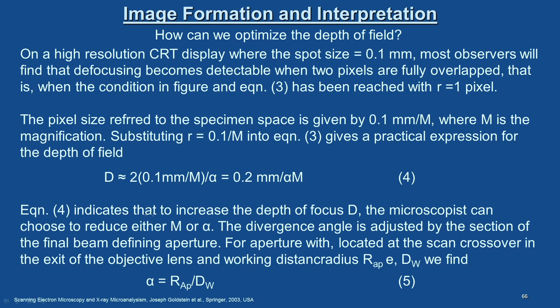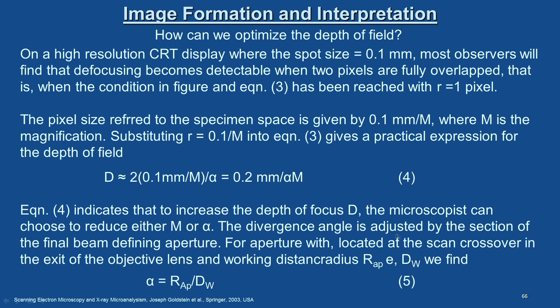This equation 4 indicates that to increase the depth of focus d, the microscopist can choose to reduce either m or alpha. Normally, we are interested in higher magnification.